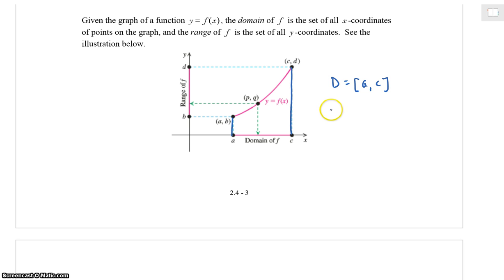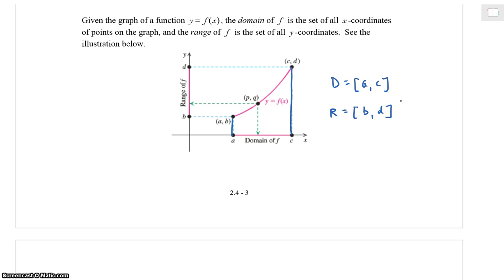The range, the set of all y coordinates, is the projection of the graph along the y-axis, and you can see that that ranges from y equals b to y equals d and everything in between.